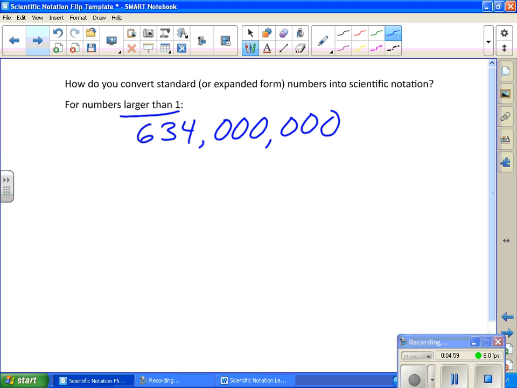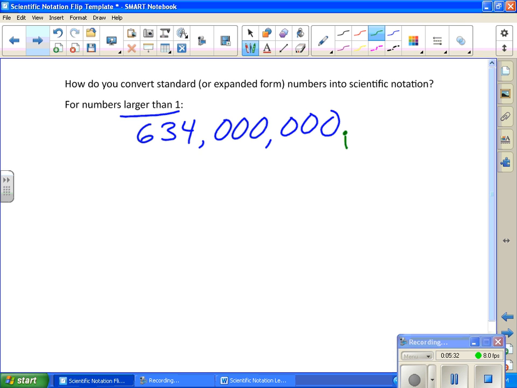The first thing we're going to do is place a decimal point at the end of the number. Now, there is an invisible decimal point there. It's always been there. We just don't normally think about it. But we're going to make this very visible by putting that decimal point there. The next step is to move that decimal point from the end of this number to a spot in the number that's going to give us a coefficient that is between 1 and 10.